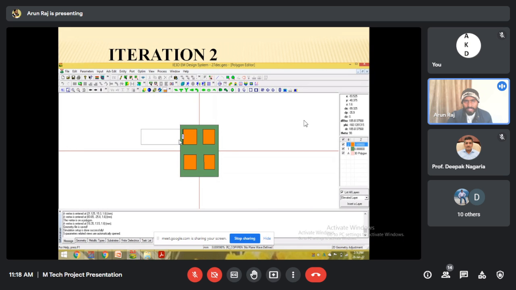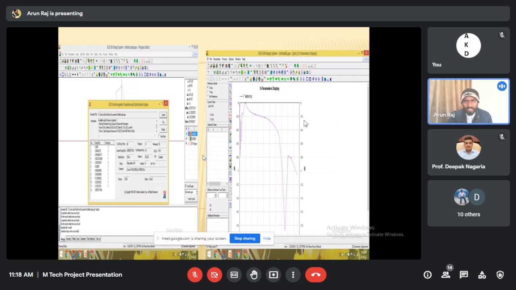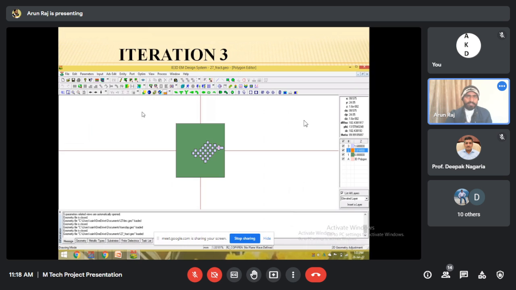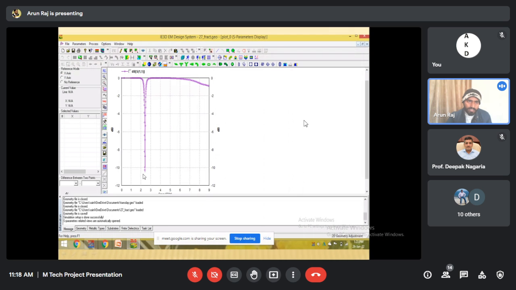Here I am also doing line feeding, and this is the simulation, and the S parameter graph is here. This is iteration 3, and here I work on fractal, different fractals, and this S parameter graph is minus 10.